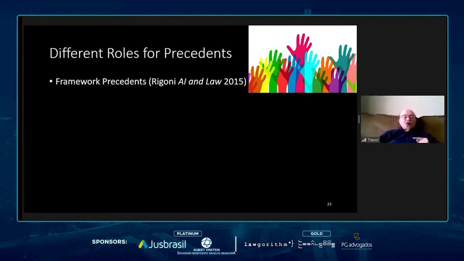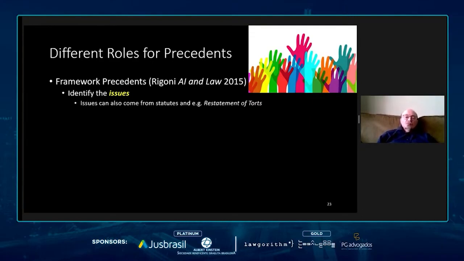There are framework precedents identified by Rissland in AI and Law 2015. And these tell us what the issues are. And the issues can also come from factors and structures in the statute.